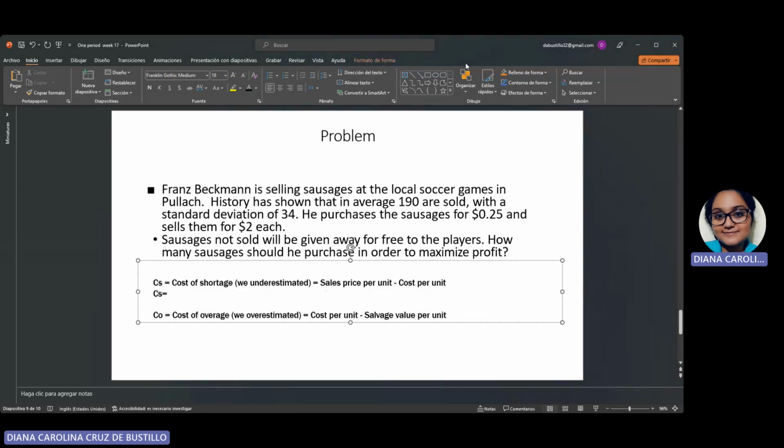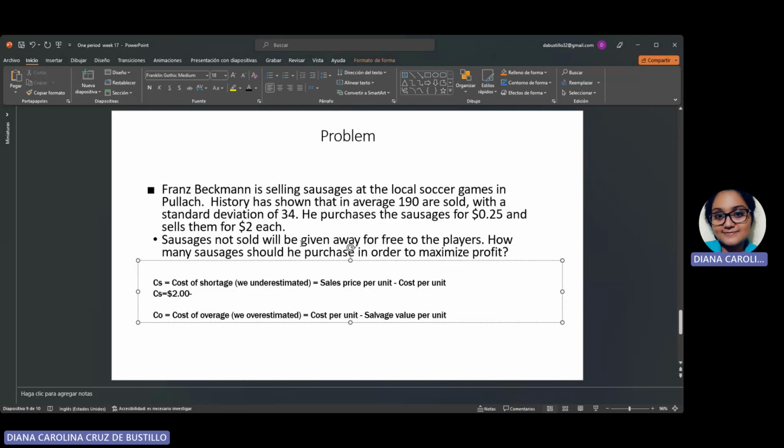So how are we going to estimate this? The cost would be calculated by deducting from the sales price the cost per unit. So the sales price, if you see, is $2, okay?